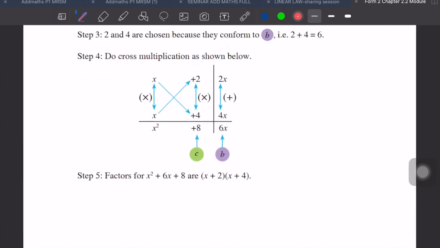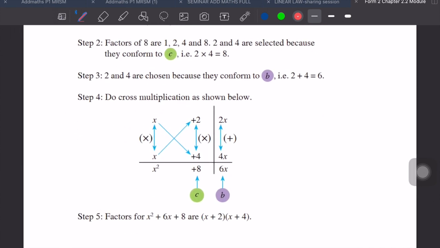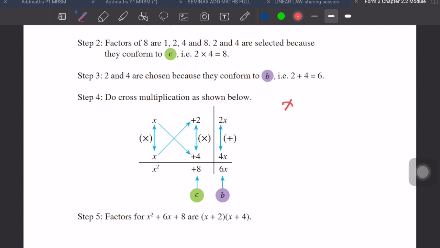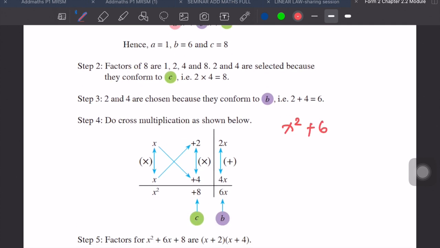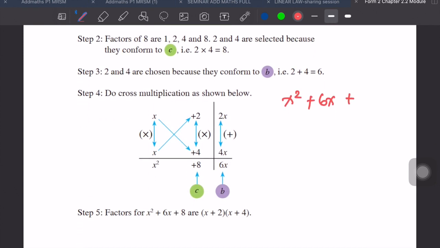Saya tunjuk contoh. First, soalan tadi ada apa? We have x square. Tengok sini. We have x square plus 6x plus 8. Okay. Sekarang, saya tunjuk ni cara berbeza sikit lah daripada buku teks, tapi dia tetap menggunakan cross multiply ni.